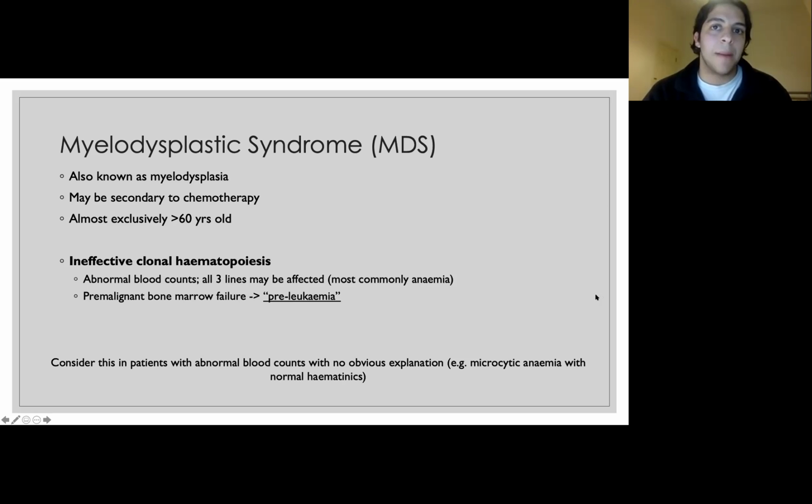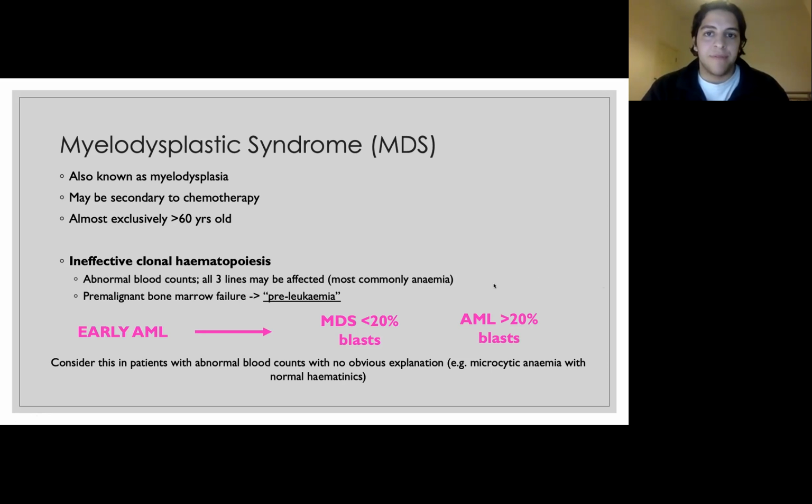So abnormal blood counts, you may have all three lines affected, but most commonly anemia. And essentially it's pre-malignant. So you might have early AML, and myelodysplastic syndrome is defined when there are less than 20% of blasts in the blood. When it becomes more than 20%, it's AML.